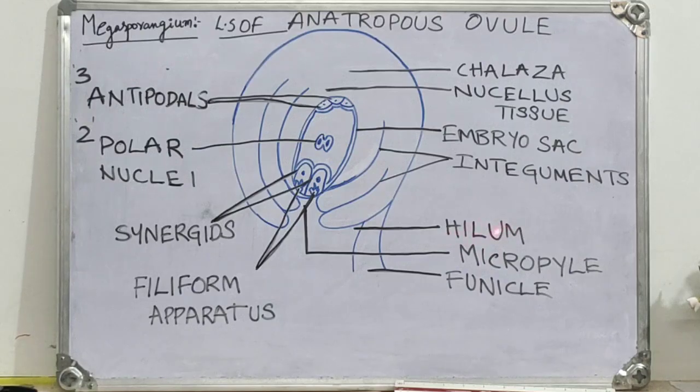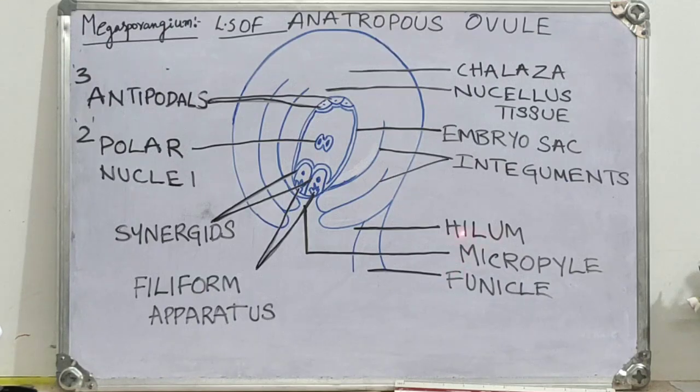This hilum is the part where the body of the entire ovule fuses with the funicle, and that fusing region is said to be the hilum. The junction between ovule and funicle is hilum only.